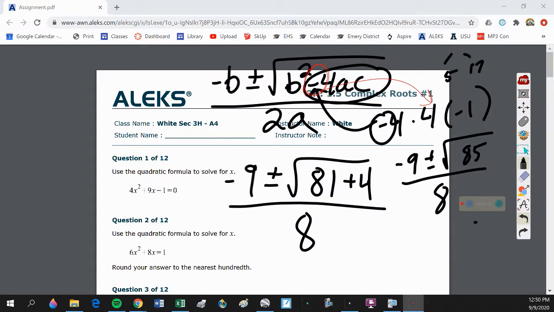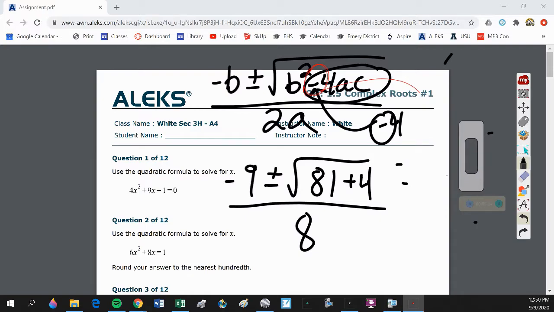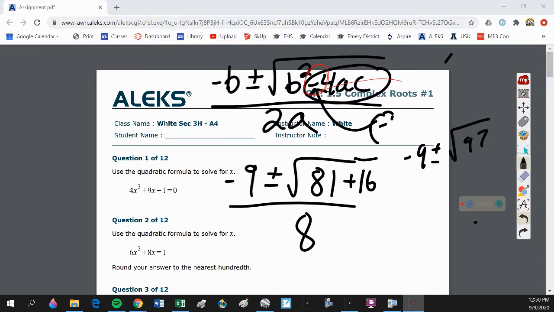Oh, apparently I can't do math. How did I ever graduate college? How about 16? Thank you. So 81 and 16 makes 97, which also doesn't simplify. So negative 9 plus or minus the square root of 97 over 8.